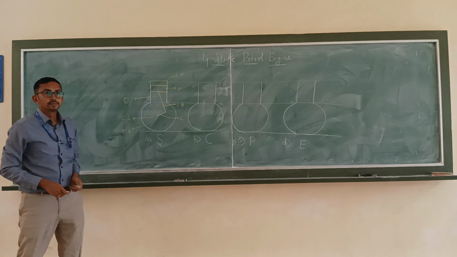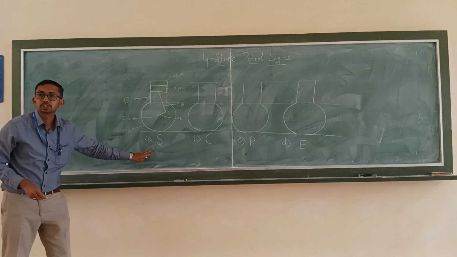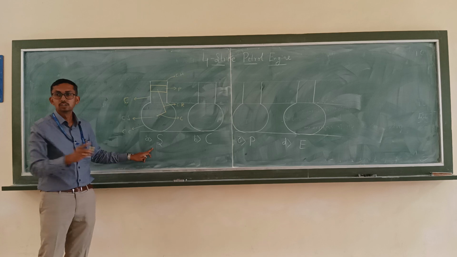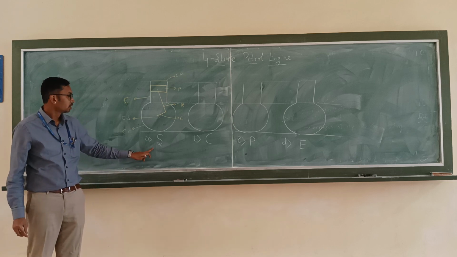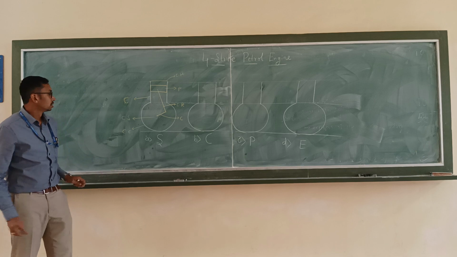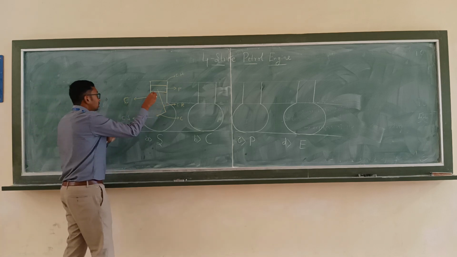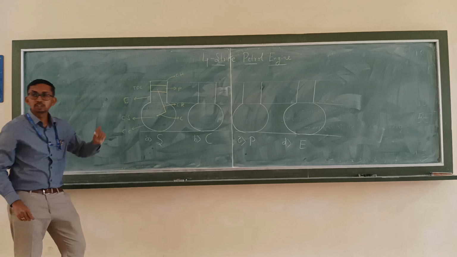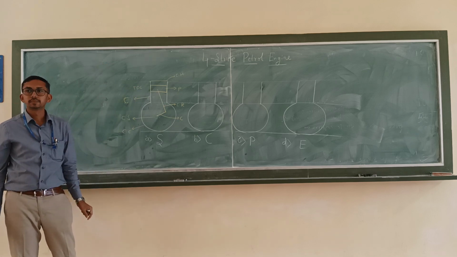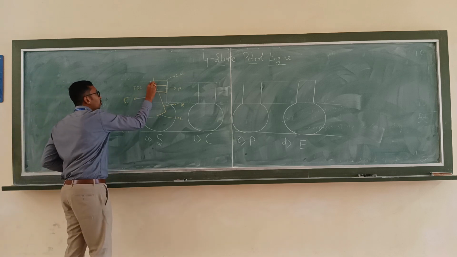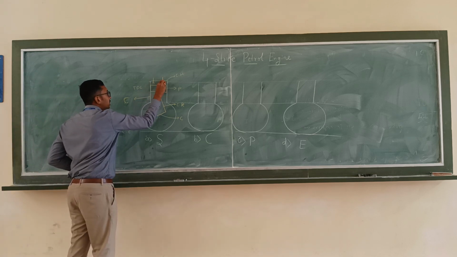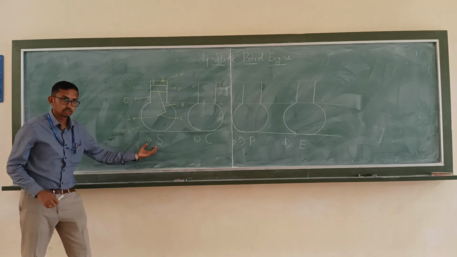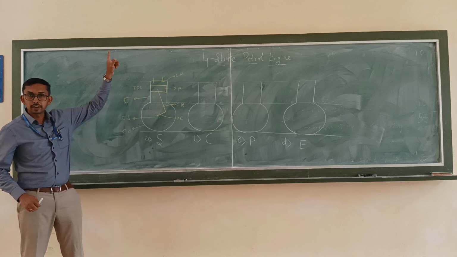Now, what is the first stroke? Suction stroke. Now I am going to explain what you will write for the suction stroke. During the suction stroke, the piston will be at the top dead center.